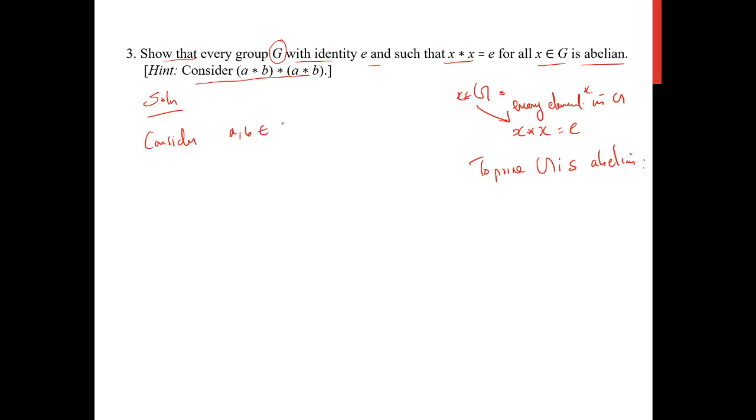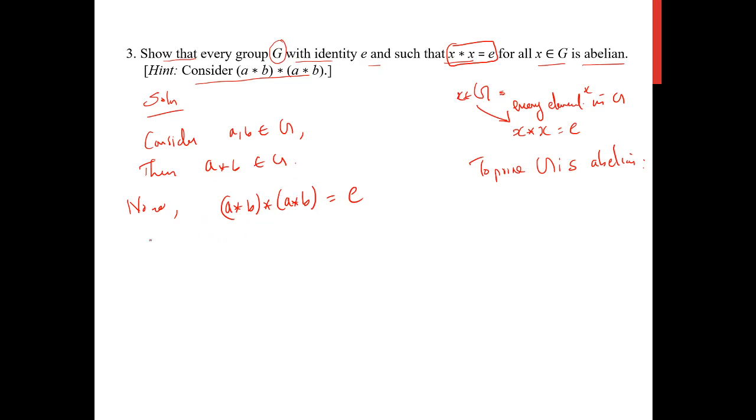Consider A, B belongs to G, then clearly A star B belongs to G. Now we are taking A star B as an element in G. Then A star B must be equal to E, because by the condition any element in G, by applying the binary operation to itself, must give the identity.